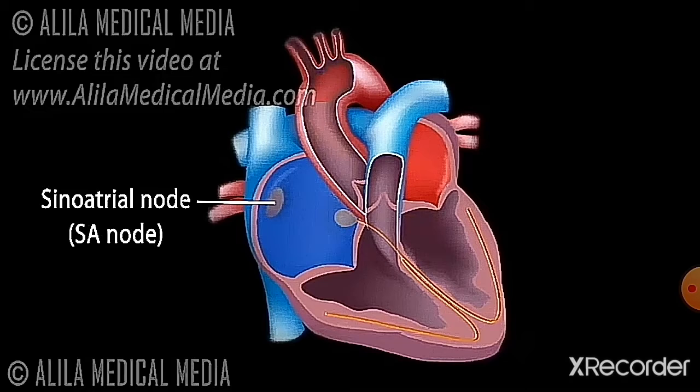Here you can see the blue colored right atrium is filled with impure blood coming from the superior and inferior vena cava and the coronary sinus, and the left atrium is filled with red blood coming from the pulmonary veins.